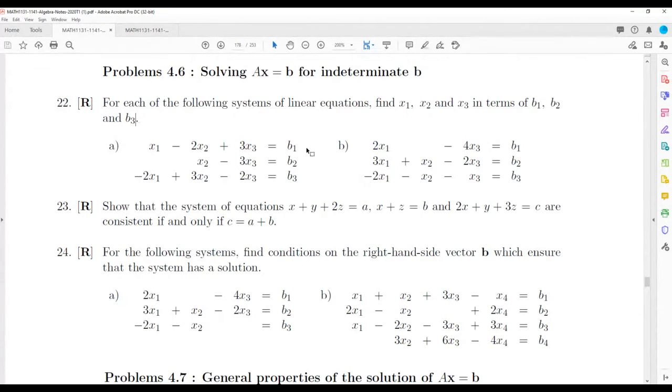And their values will tend to influence the solution set, or they'll usually have some effect on what the solution is or whether a solution even exists. So let's unpack this one. I'm going to do part B. All right, so 3 equations, 3 unknowns. So let's transfer that into the augmented matrix form, and we can do some analysis.